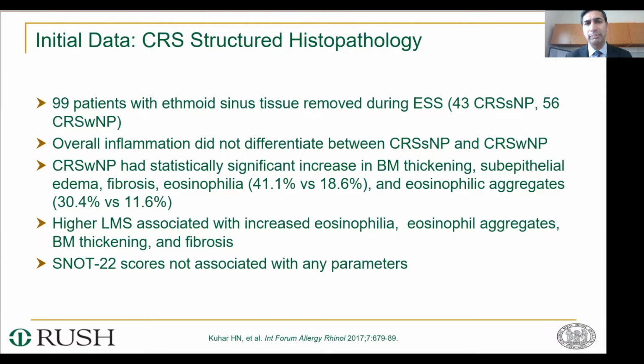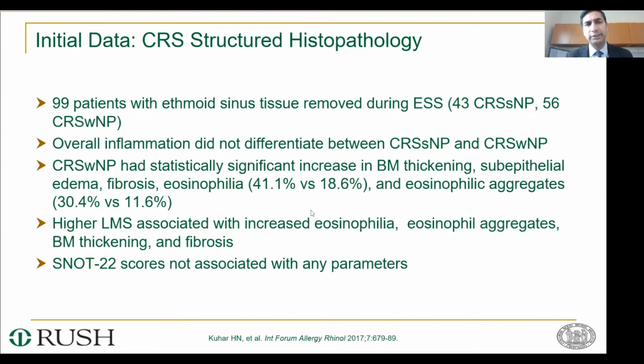However, in the polyp patients, there was a statistically significant increase in basement membrane thickening, subepithelial edema, fibrosis, presence of tissue eosinophilia, and also tissue eosinophil aggregates, on the order of threefold for the aggregates and twice as likely to have high tissue eosinophilia.